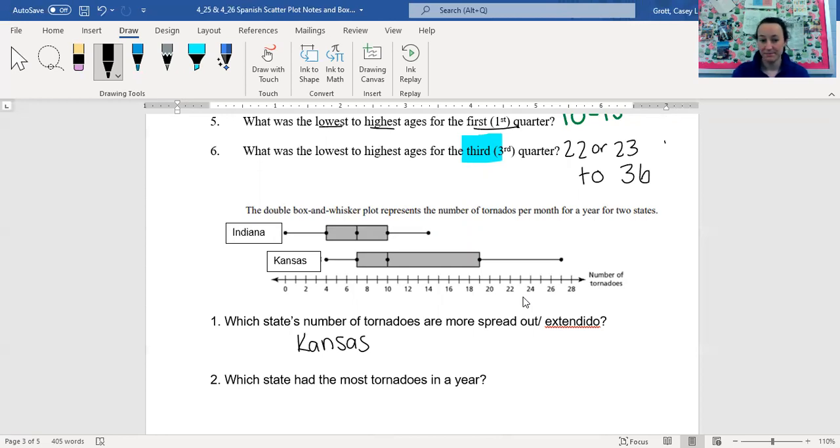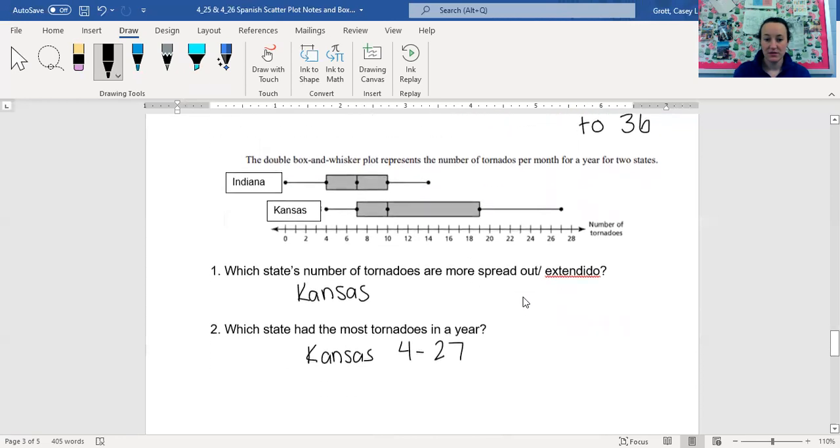Definitely not as many. Which state had the most tornadoes within the year? Again, that would be Kansas, because we're going from 4 to 27. Sorry, let me set that up correctly.